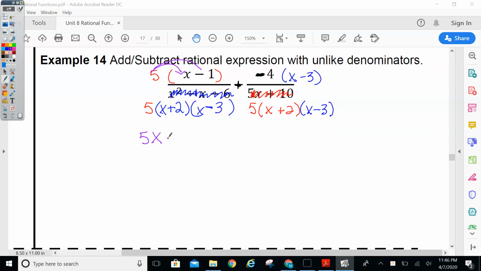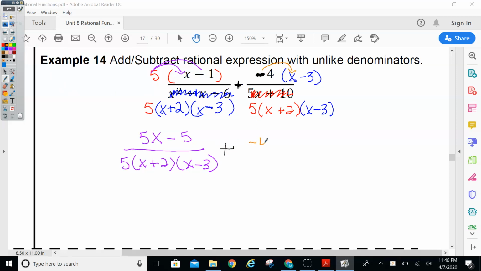minus 5 over all this stuff is the denominator. 5 times x plus 2, x minus 3. And I'm going to go ahead and do plus because I changed it to a negative up there. And distribute.